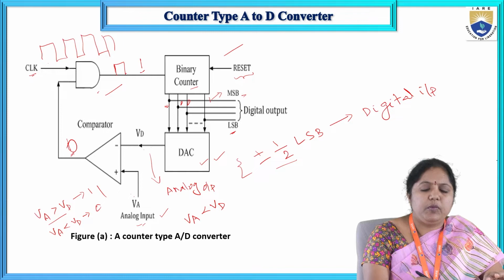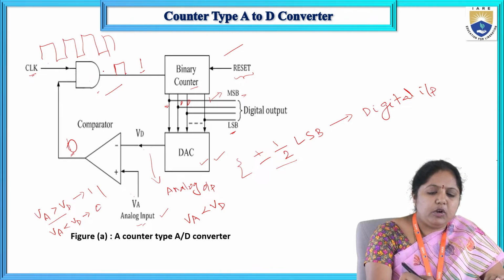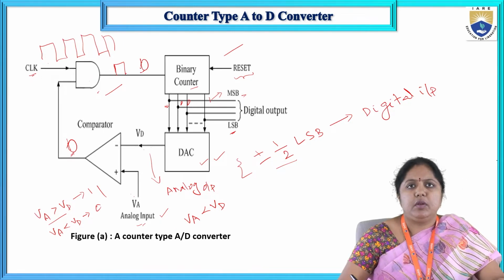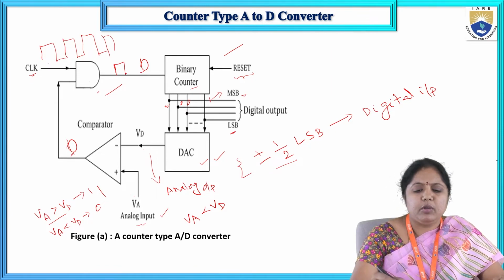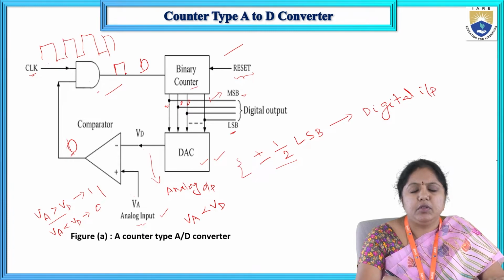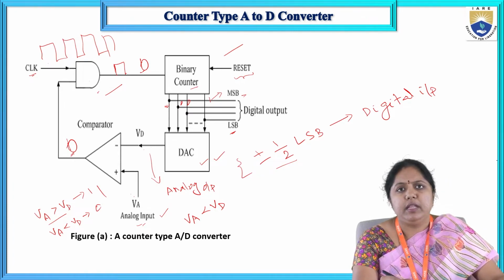When the comparator output is 0, the AND gate output is also 0. AND gate output equal to 0 means the binary counter stops counting.